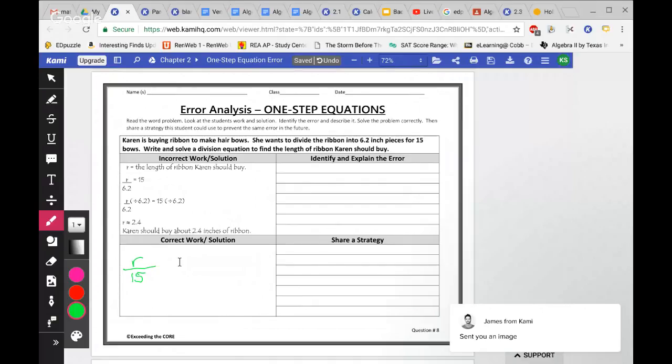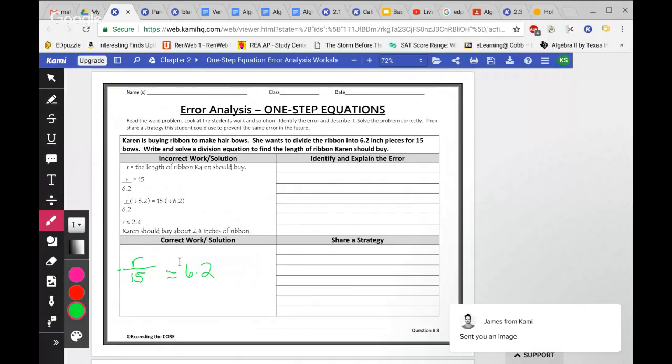So the amount divided by 15 each should equal 6.2 because each individual one should be 6.2 inches long. Okay? R over 15. So then you would multiply both sides by 15 to get the total amount of ribbon that she would need to buy.